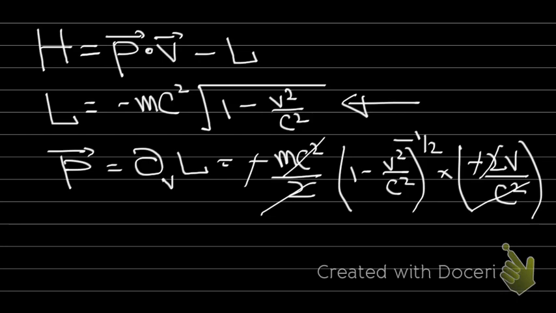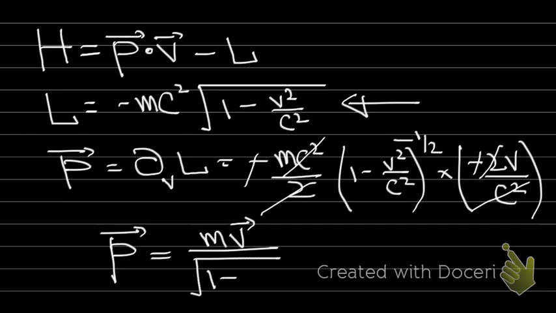So the momentum for a relativistic particle is m times the velocity vector over the root of 1 minus v squared over c squared, which you could write as simply gamma times mv.